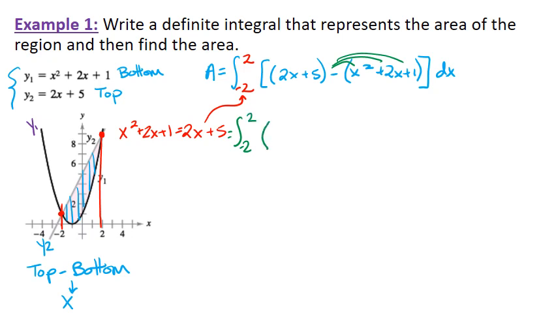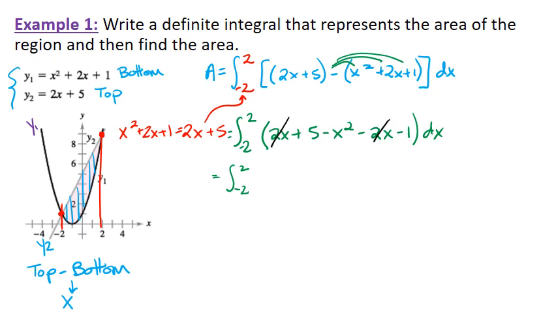When we distribute, we'll have 2x plus 5 minus x squared, minus 2x, minus 1. And we will continue to simplify. So the 2x's cancel out.